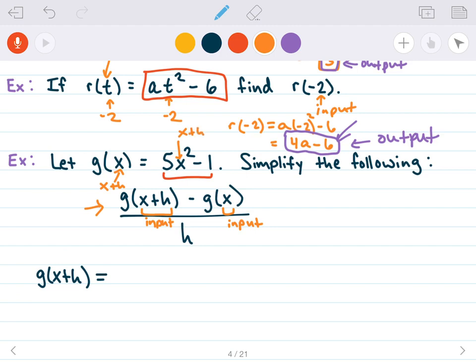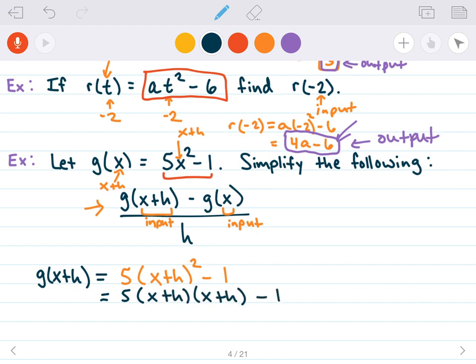So g of x plus h is going to equal 5, and then I'm going to replace x in my original rule with x plus h squared minus 1. Okay? Now I can simplify this out by foiling, right? Because I have x plus h squared, so I need to expand that out into x plus h times itself. That's what squared means.